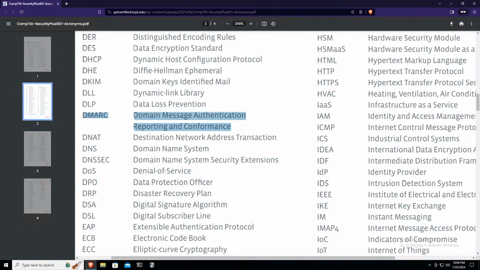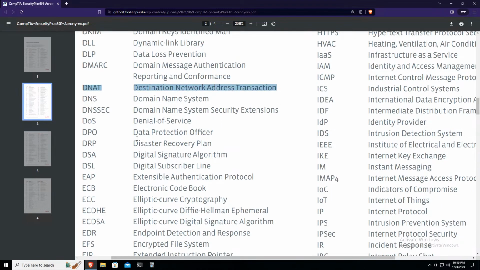Okay, let's see here. DNAT, destination network address transaction. DNAT, don't see too often in the Sec Plus questions.